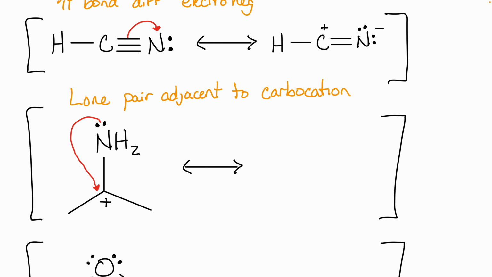Again, that lone pair is not going to jump from the nitrogen just onto the carbon. It's going to swing down and form a new bond. So now I'll have a double bond between carbon and nitrogen. And what am I missing here? The formal charge on that nitrogen with its 4 bonds needs to be positive.